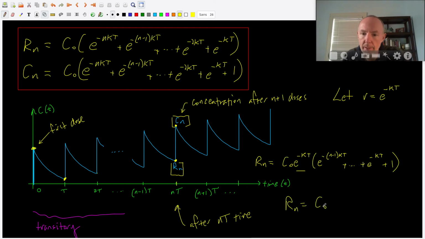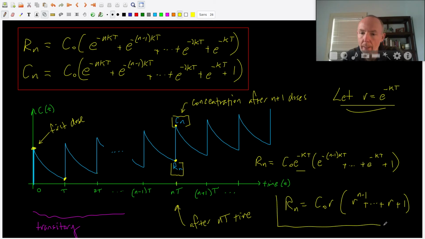This is going to be C sub 0 r times, well, r to the power of n minus 1 plus all of the other integer powers down to r to the power of 1 plus 1. So I'm using this symbol r, I'm just replacing the exponential, and we end up with this expression for R sub n. So let's look at what we can do in the long term now that we have that expression.